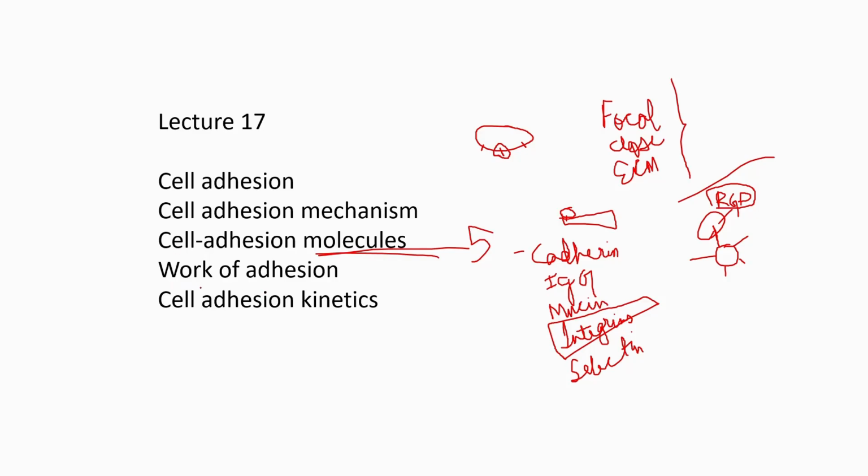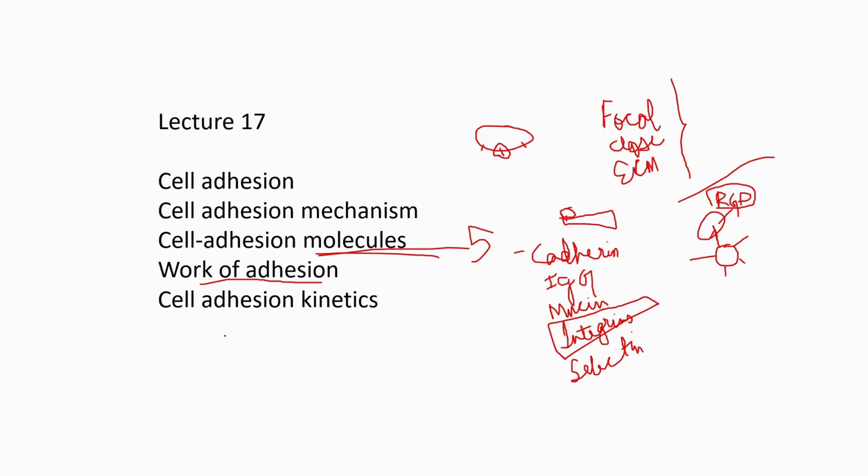And next in the lecture, the work of adhesion was discussed. So different intermolecular interactions such as van der Waals and electrostatic forces are involved, and they lead to work of adhesion.